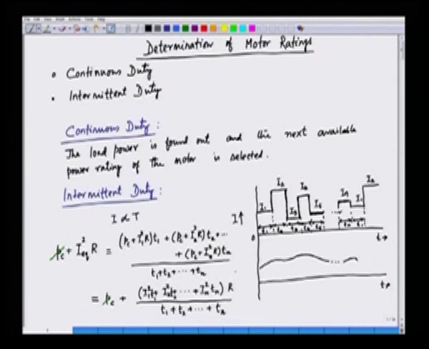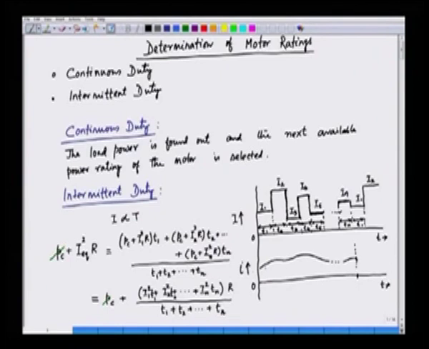Let us say this is I, small i. It is continuous, but it is periodic. After some time, after this interval, we have a time period, and then the same thing repeats.